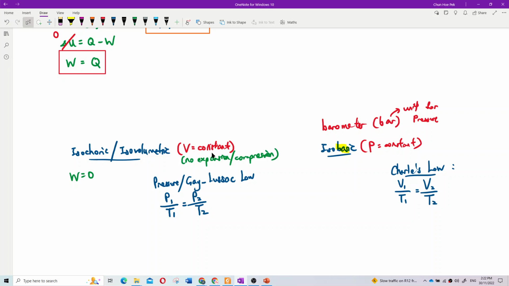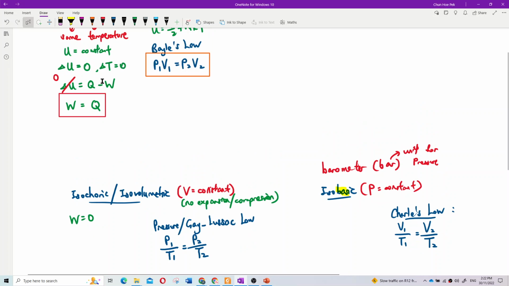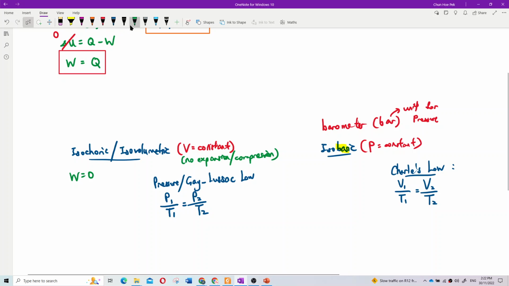Okay, and then relate to our formula, delta U equal to Q minus W. So what do we have? Work done is 0, so our formula is delta U equal to Q. That's our formula.